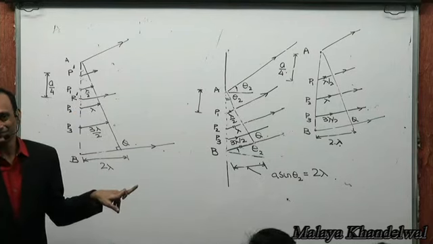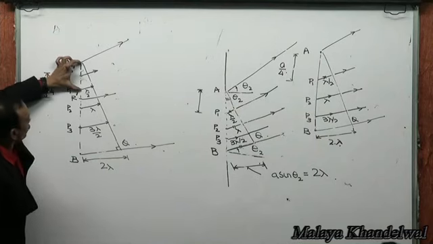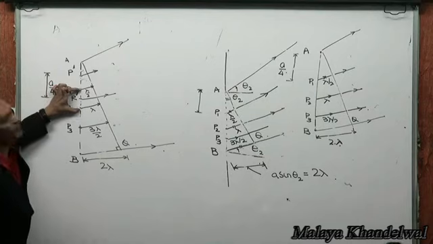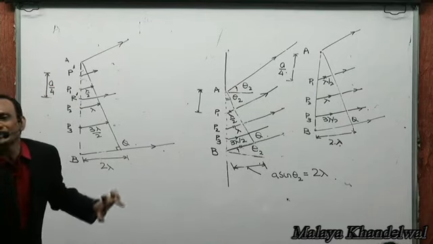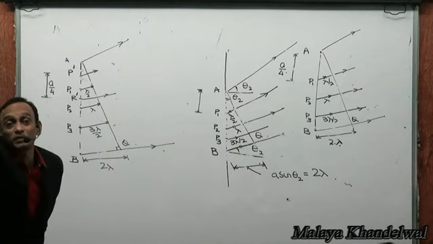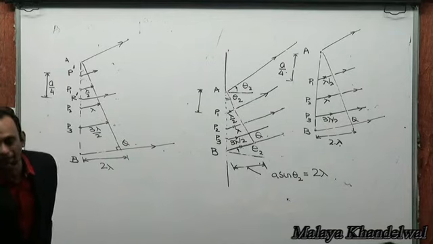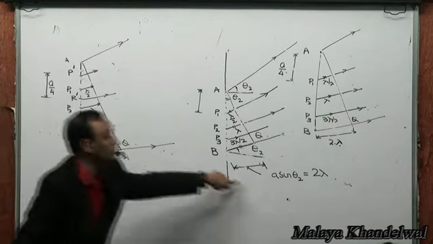Yes or no? That means all points between A and P1 would find a corresponding point between P1 and P2 where there would be destructive interference, at the point P on the screen, given by A sine theta 2 equal to 2 lambda. Such is theta 2. A sine theta 2 equal to 2 lambda.